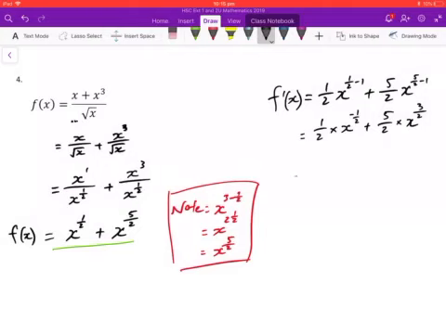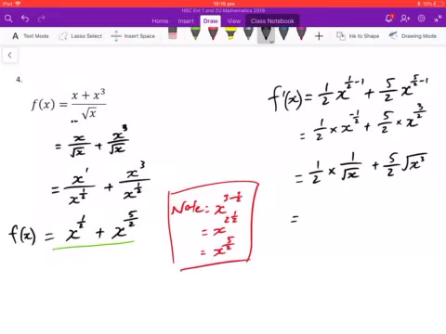Okay, so now remembering that x to the negative a half is 1 on x to the half, which is actually just 1 on the square root of x, plus 5 on 2 times x to the 3 on 2. The numerator is the power, the denominator is the root, so it's 5 on 2 square root of x cubed.